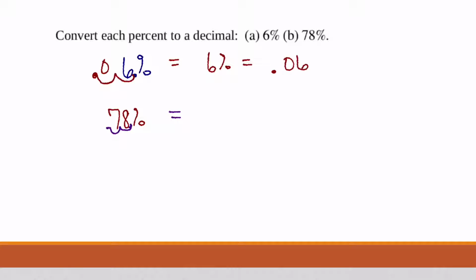So 78% turns into 0.78. Some people have asked me, is it okay to put that 0 out front? Yes, 0.78, and you could also write 0.06. That is fine. Just not another 0 to the right of the decimal between the 7 and the decimal. That's not okay.